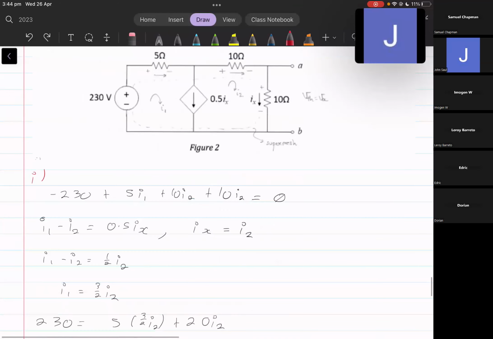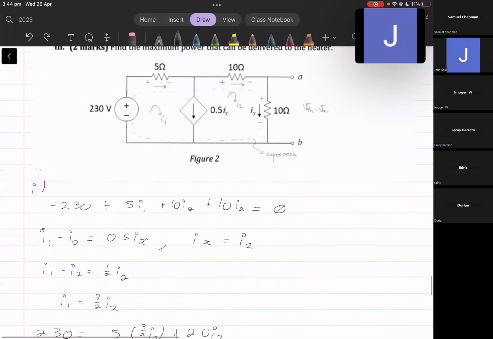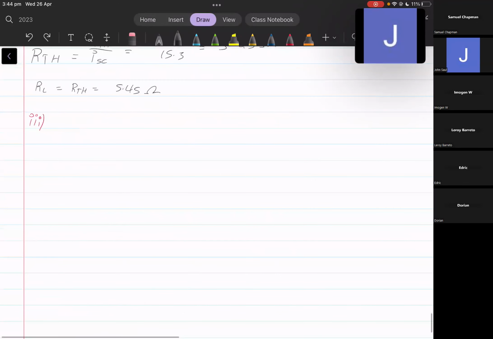So the same way as we did before, if this is what the circuit looked like, instead of that dependent source, we'd just short circuit that voltage source. And then we end up with something that looks like this.